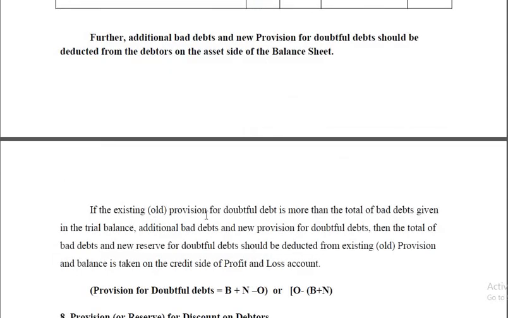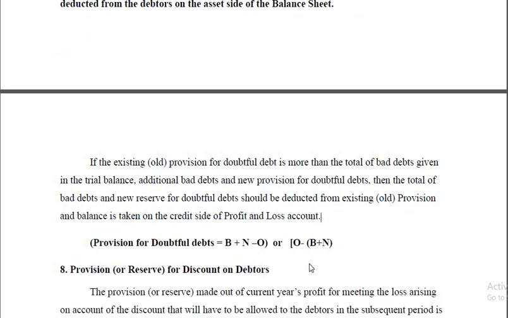It's given here. If the existing provision for doubtful debts, in our example 10,000, is more than the total bad debts given in the trial balance, 5,000 plus additional bad debts, together 5,000 plus new reserve 3,000, 8,000, then the total of bad debts and the new reserve for doubtful debts should be deducted from existing provision, and the balance is taken on the credit side of the profit and loss account.